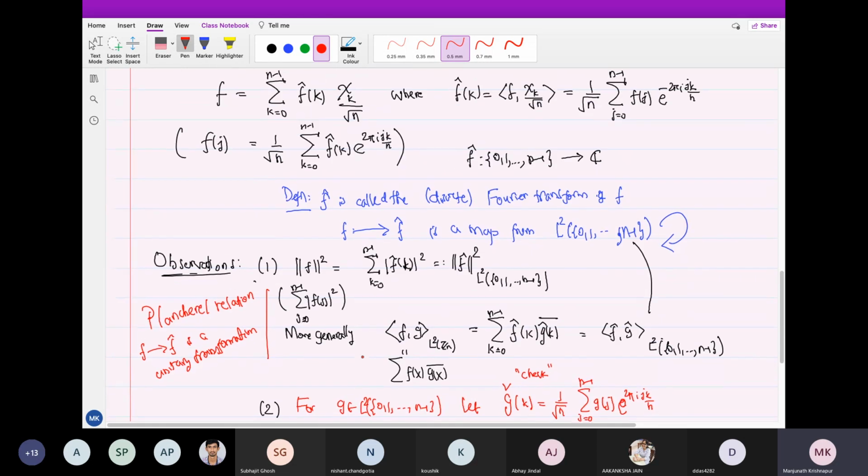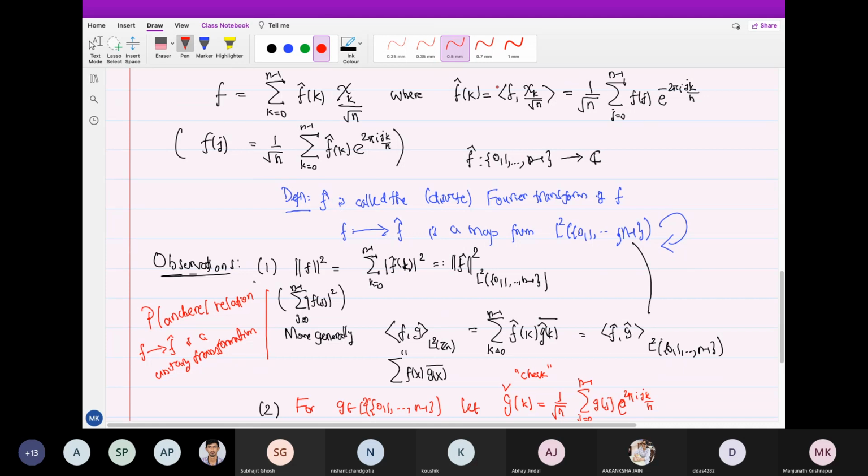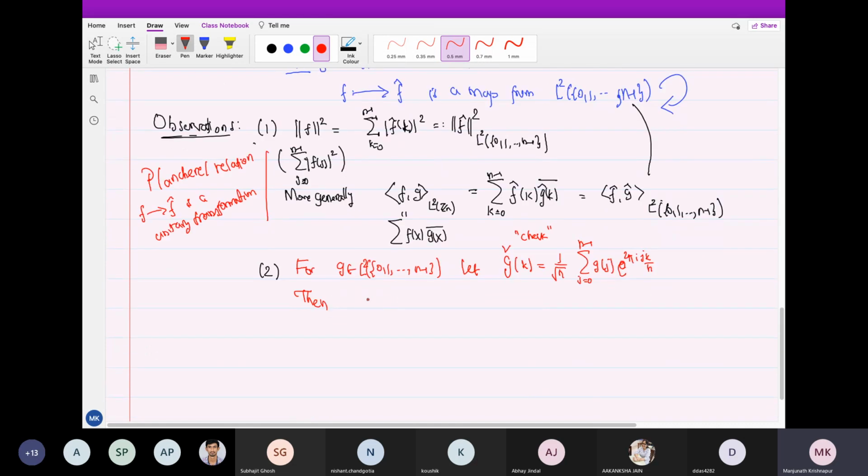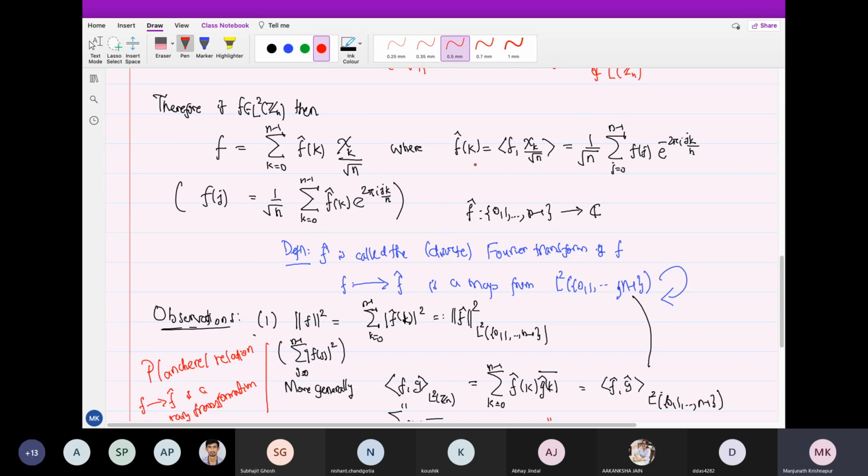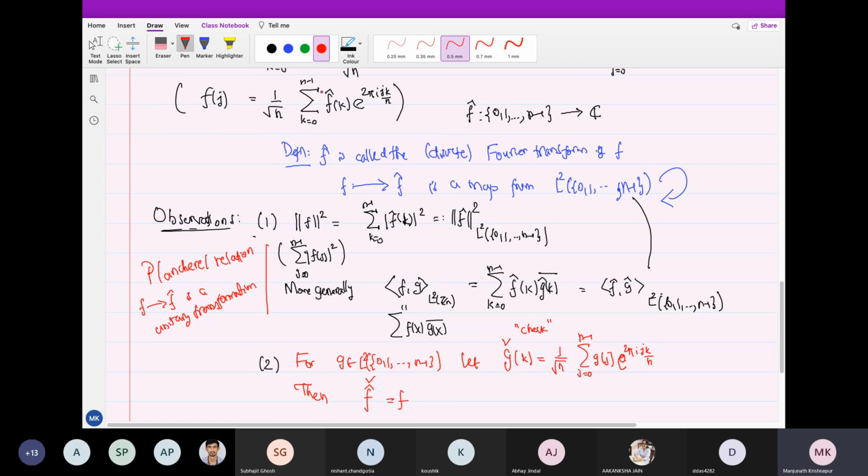So then what we can say from these two formulas is, how do you get f from f hat? If I apply check to f hat, I get back f. How do I get f from f hat? That is precisely my definition of check, right? f hat check is going to be f.